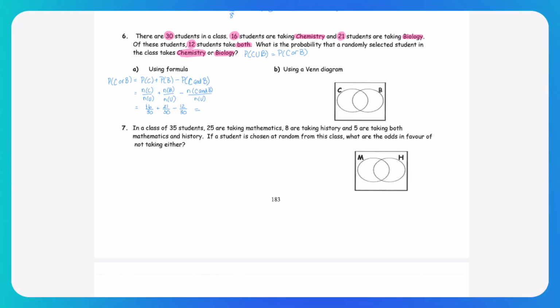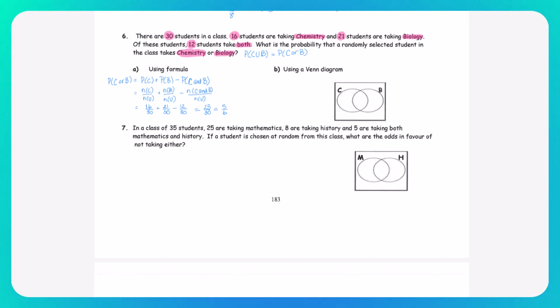So 16 plus 21 minus 12, that's going to give us 25 over 30, which we reduce by dividing top and bottom by 5, and that's going to give us 5 over 6. So the probability of taking chemistry or biology is 5/6. And that's using the formula.